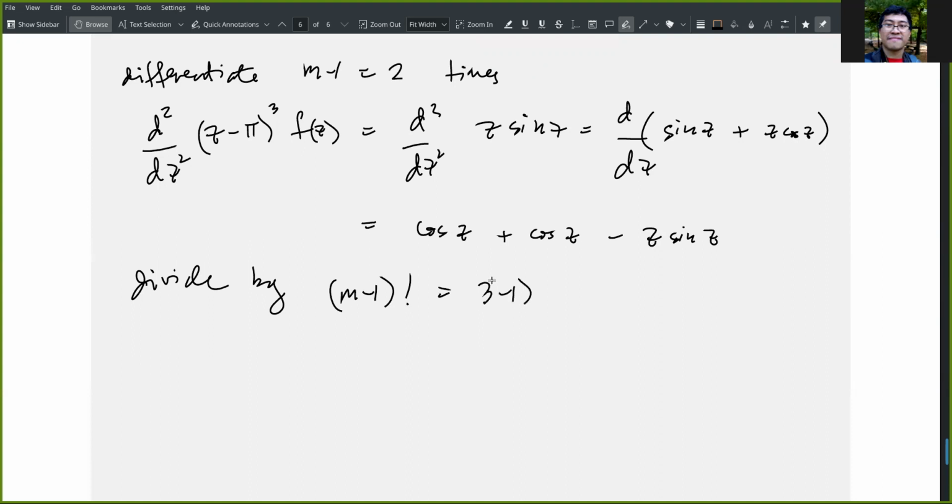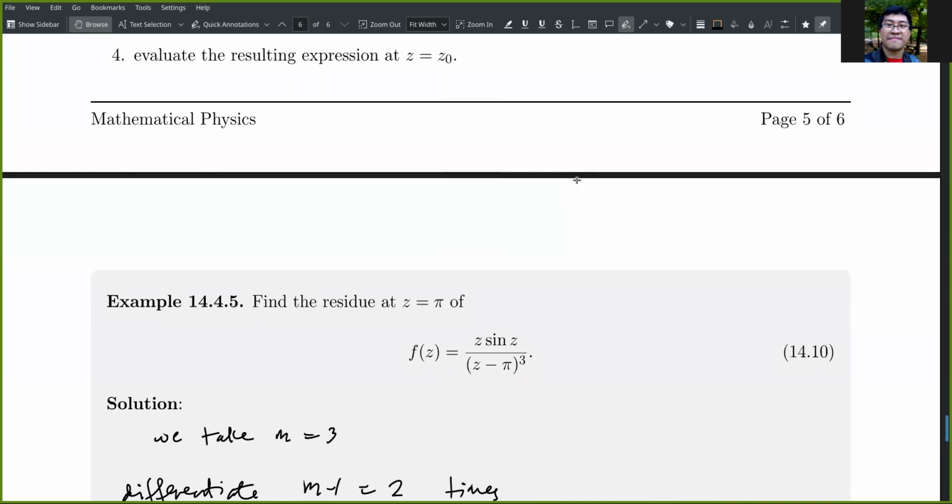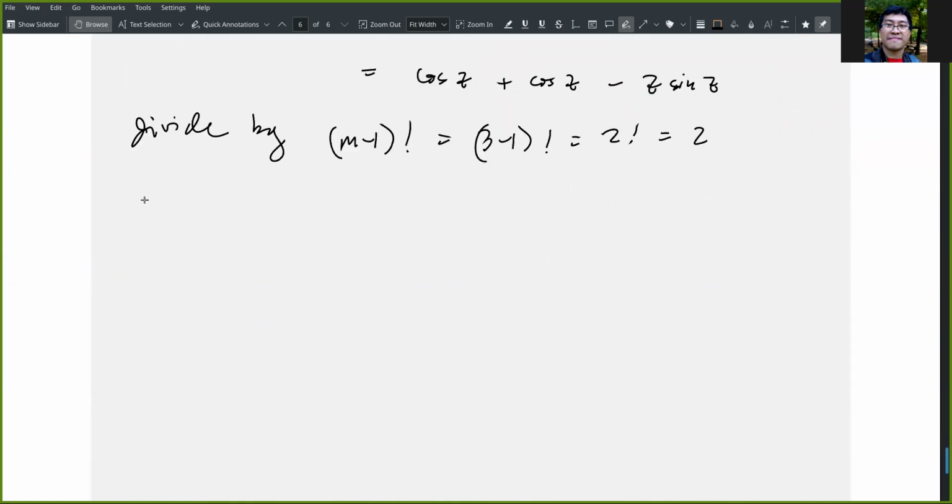That's 3 minus 1 factorial, or 2 factorial, or 2. So divide this by 2 and then evaluate the expression at z equals pi.